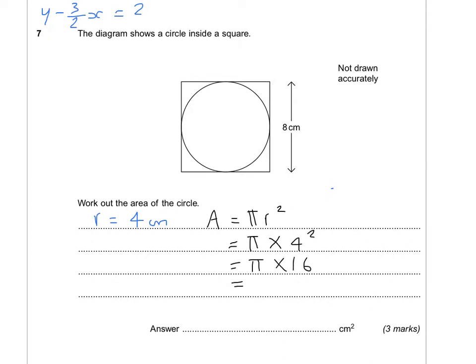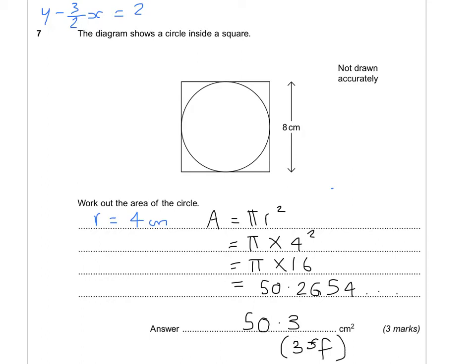We can type this into our calculators, which gives us an answer of 50.2654... and if we then round that to a sensible value, we can give our answer as 50.3 centimetres squared to 3 significant figures.